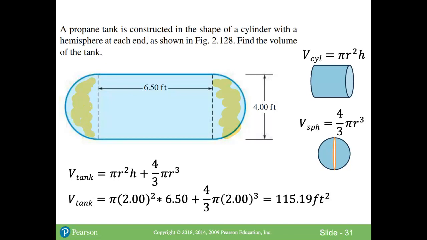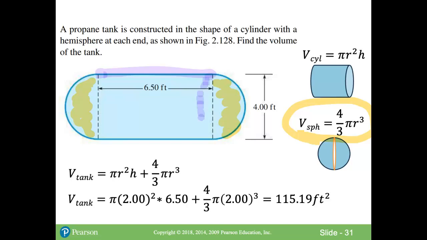So we're going to be using this formula, 4/3 pi r cubed. And to find the volume of the cylinder, we're going to be using this as the height. And then the base, you have to kind of visualize this.